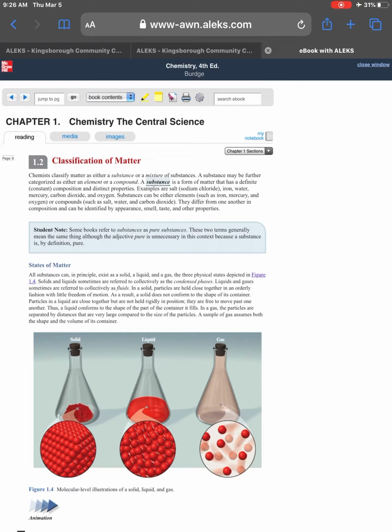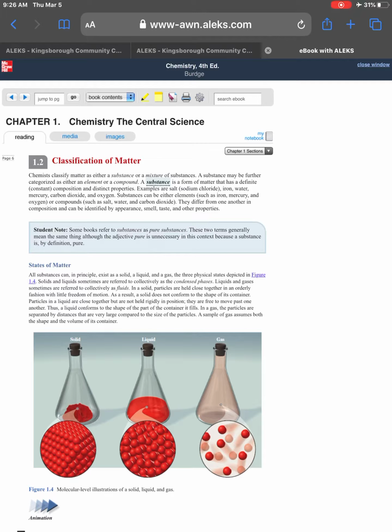More than one substance together is called a mixture. So an example would be milk. Milk has lots of different substances in it. It has different types of proteins, it has different types of sugars, it has different types of fats, and it has water, and all of those together would be called a mixture.